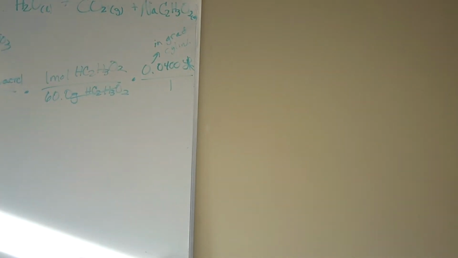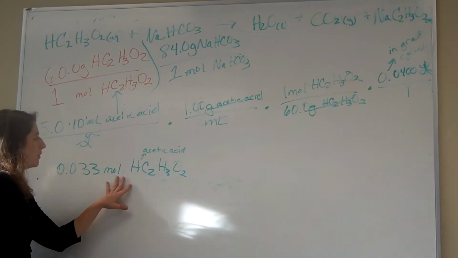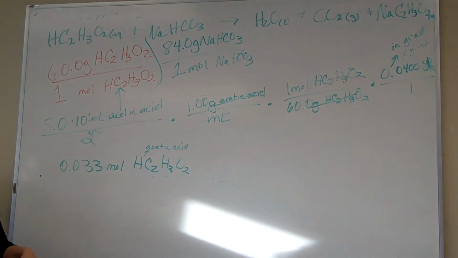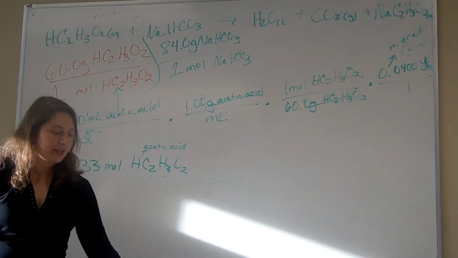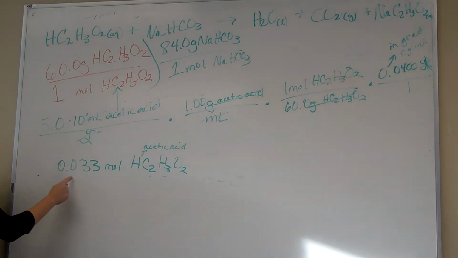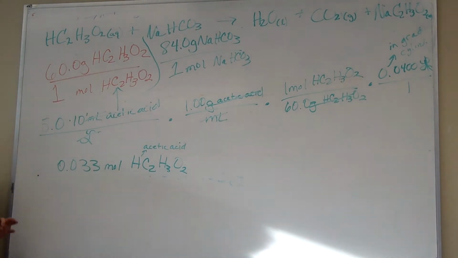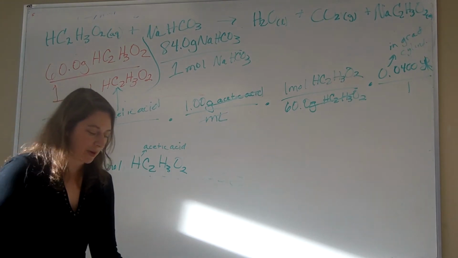That is the significance of this. That's how much is in your graduated cylinder right now. 0.033 moles of acetic acid. Okay? So write it down. Hopefully understand it. But if not, just realize that that's how we figure out how many moles of acetic acid are in your graduated cylinder during this experiment.